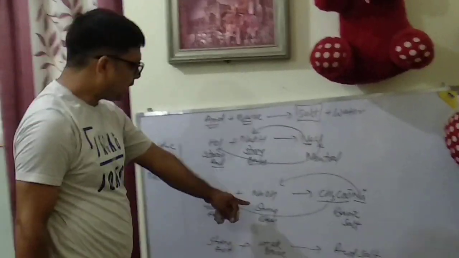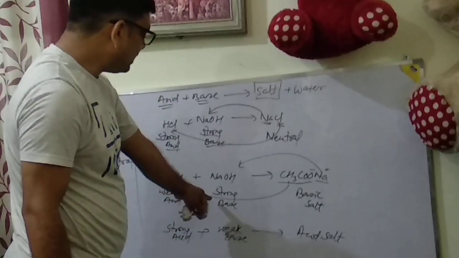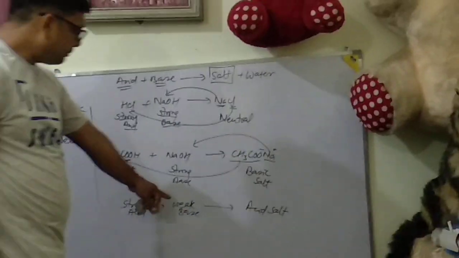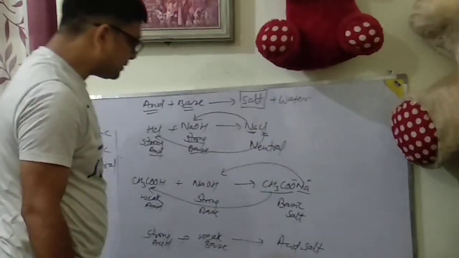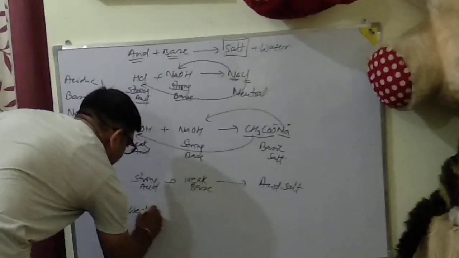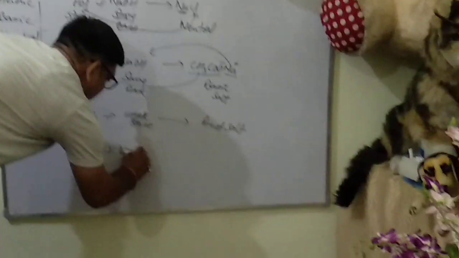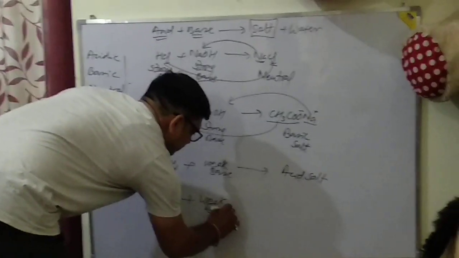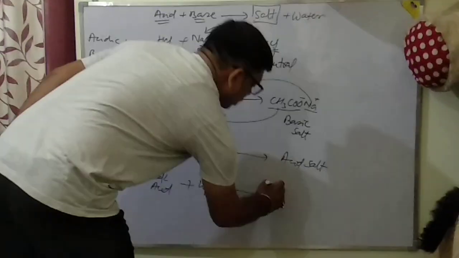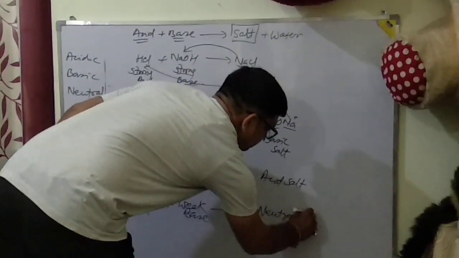If one is weak and the other is strong, the salt will be of the category of the one which is strong. Here the acid is strong and the base is weak, so acidic salt. If both are weak, in the sense a weak acid reacts with a weak base, then also the salt will be neutral.